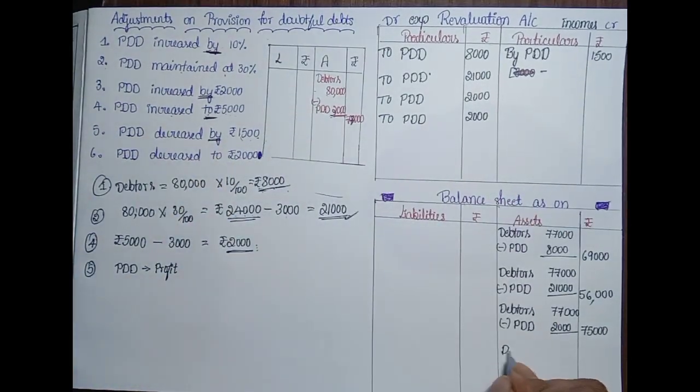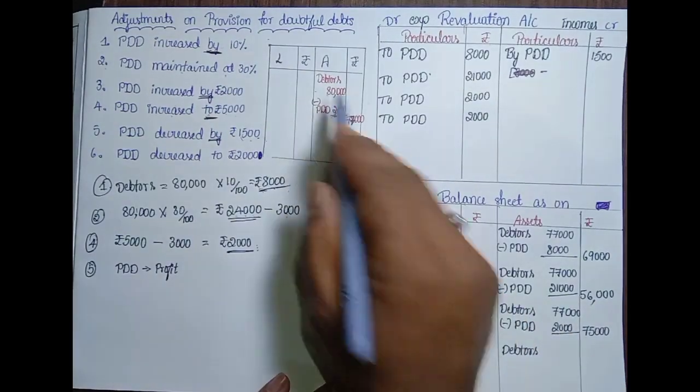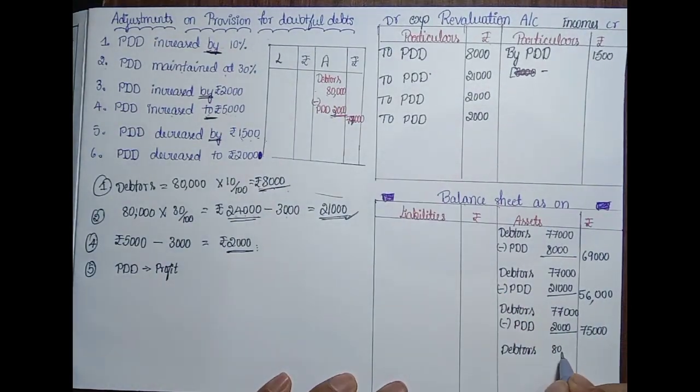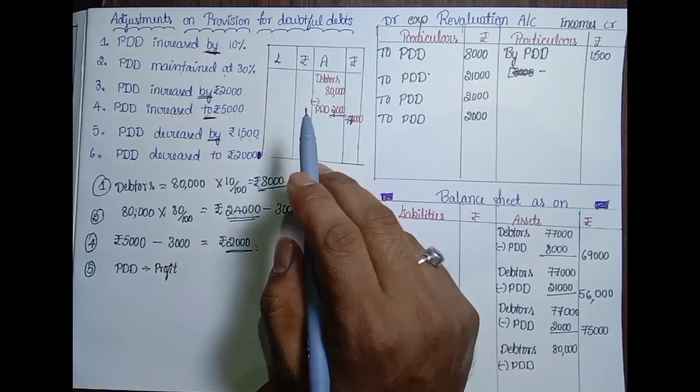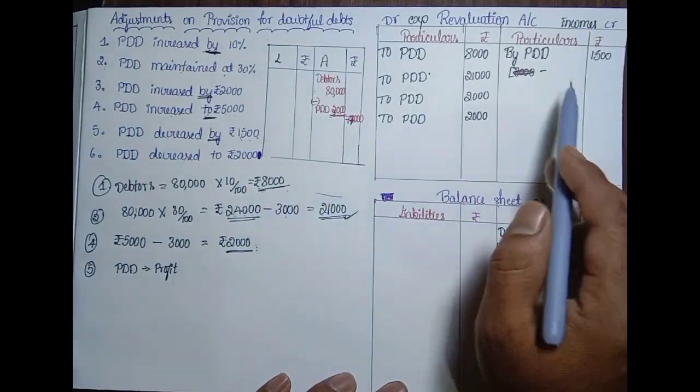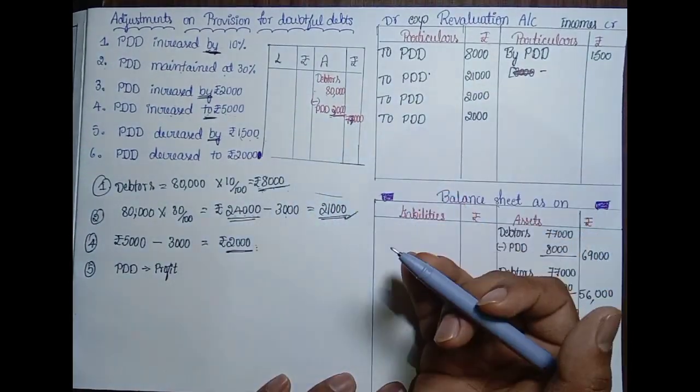So here in the balance sheet, debtors, for example, 80,000 we are having, minus provision for doubtful debts, that is 3,000 we had, but now they are saying it is decreased by 1,500.